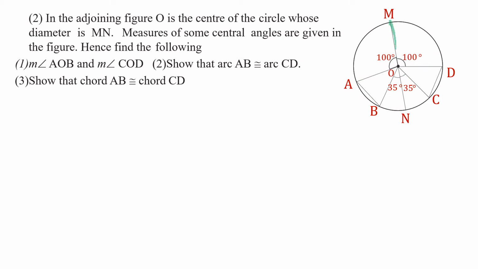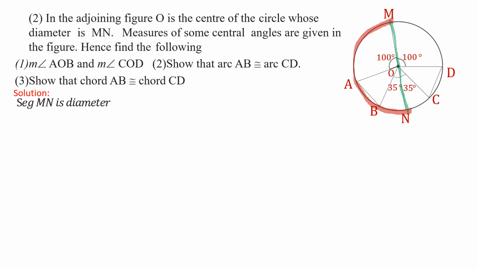This MN is a diameter, segment MN is a diameter given. So write down segment MN is a diameter. Therefore, the circle divides into two semicircular parts.